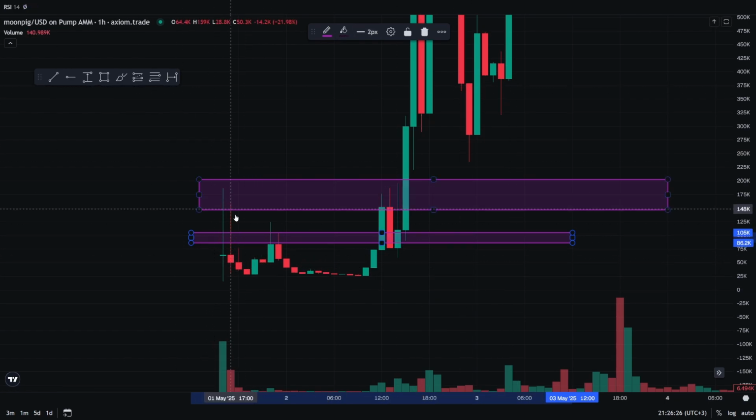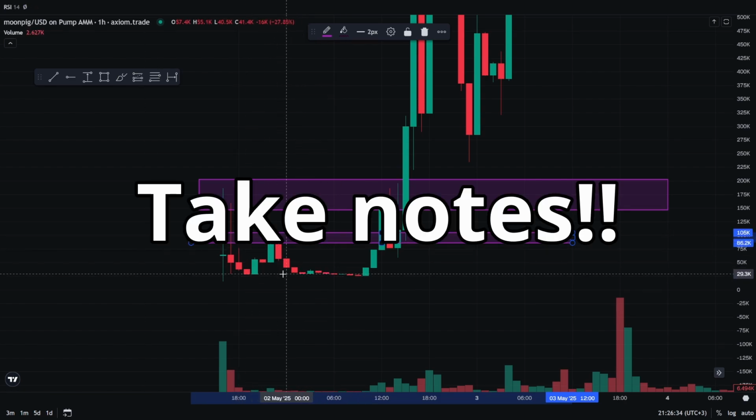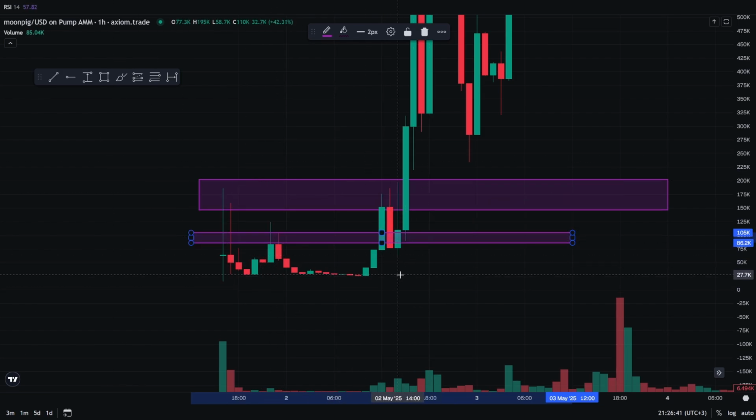So it went here, right? Came here, right? The second resistance line, then it died down a bit, but you can see it held the 25k market cap bottom. It didn't go to 4k market cap, it didn't die out, it stayed at 20k, which is a perfect entry. And you should always look at a coin, if a coin is holding a floor at 20k market cap, consider buying.